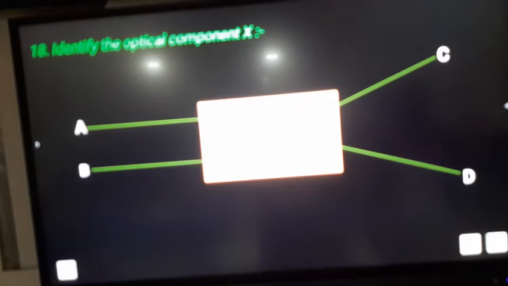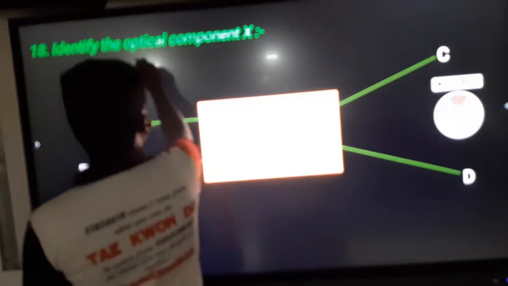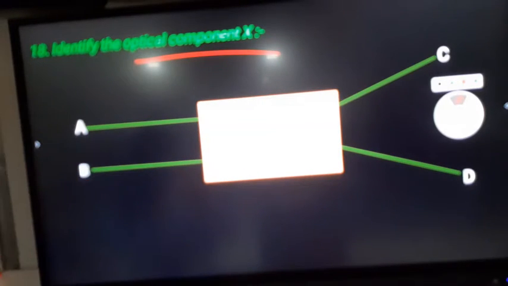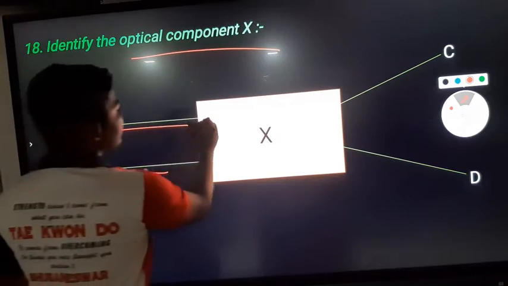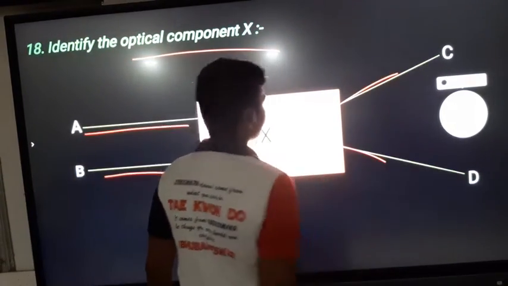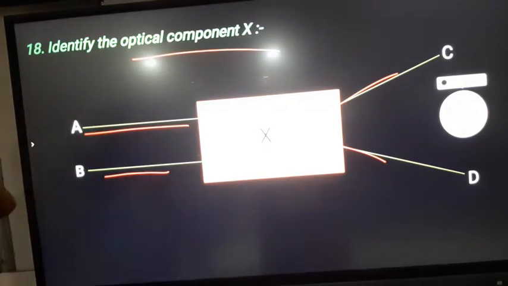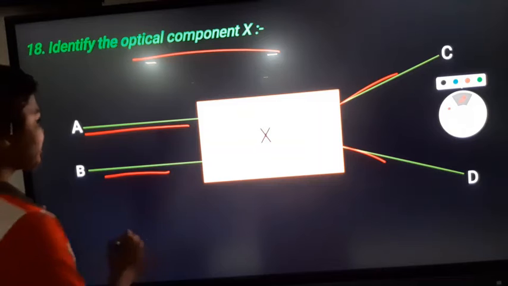In the next question we have to find the optical component x. We can see that the rays A and B are going from here, and after that they are diverging. So we can see in which lens divergence is happening.